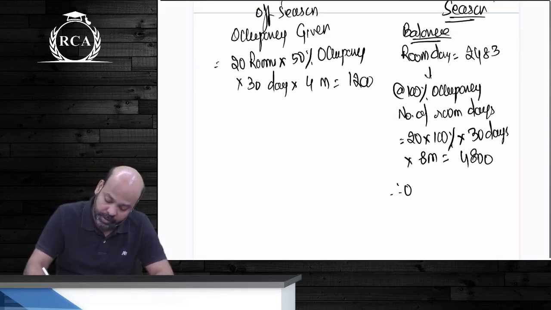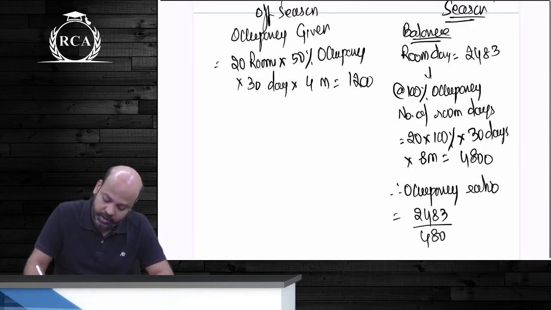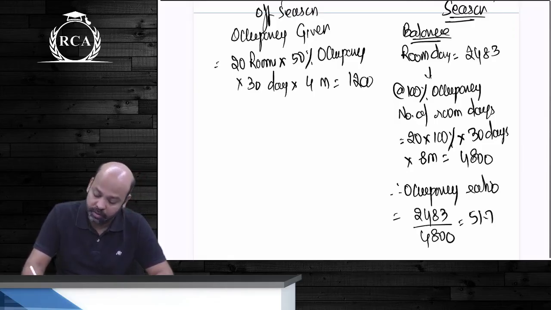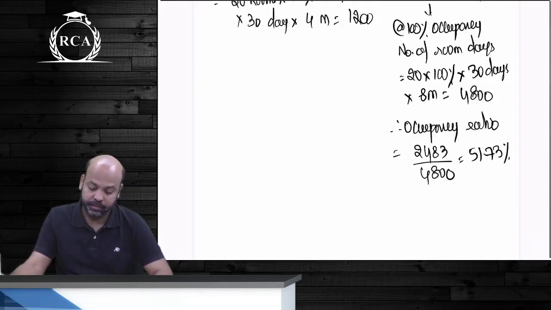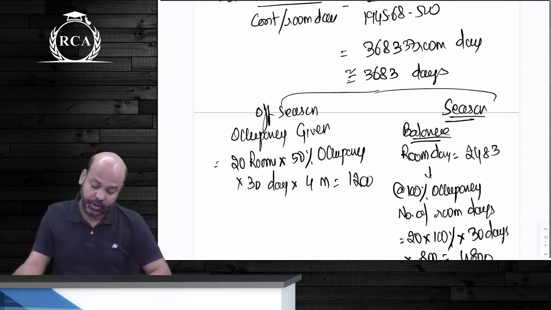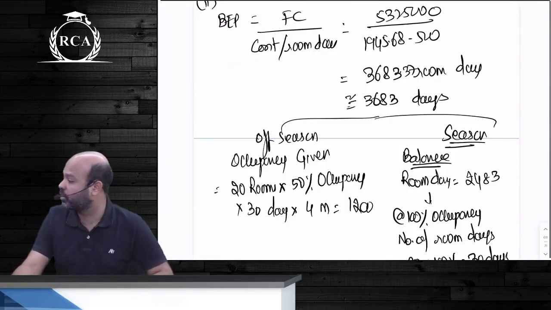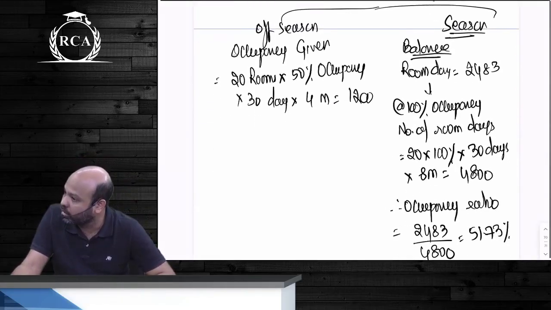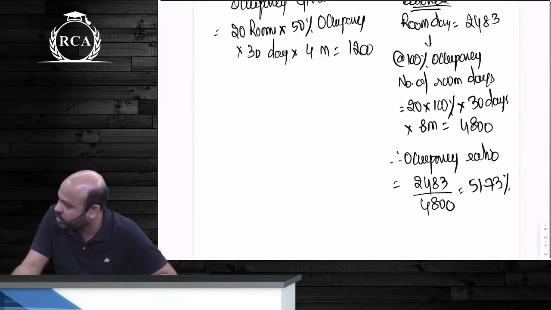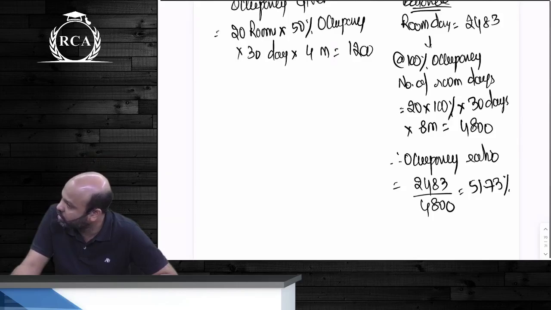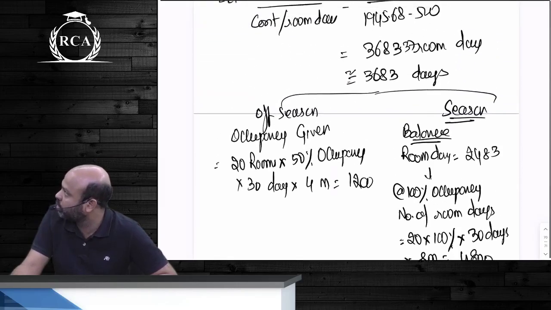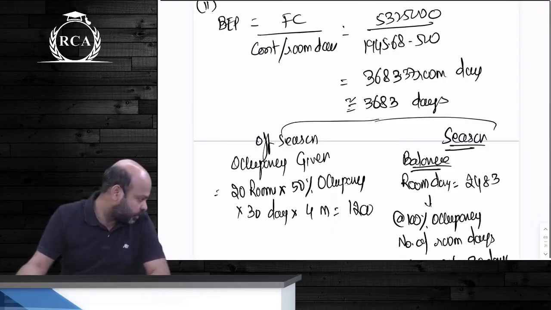Therefore, beta, occupancy ratio during normal season should be 2483 divided by 4800, 51.73%. This will be the occupancy, beta, during your normal season in order to break even. You got 2483 divided by 4800. All right guys, all of you make a note of it, beta.